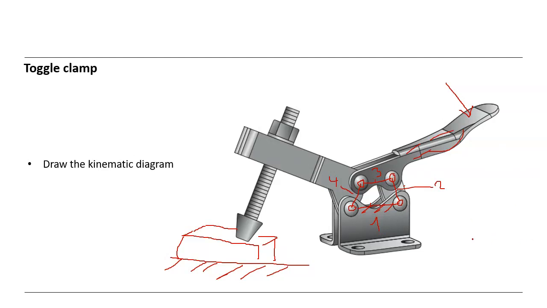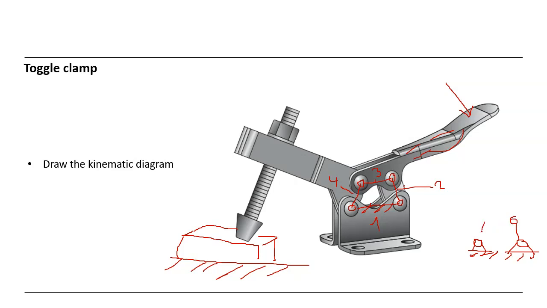Then it seems like this. We have a mechanism, so we have here the fixed joint, and here also fixed, second joint, and here we have a link.